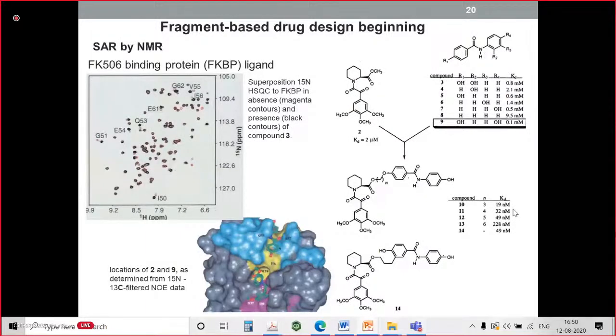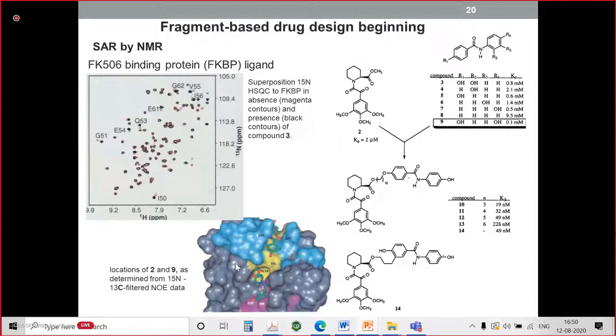So this is also identified with the help of the NOE experiment, nuclear Overhauser effect, which is an intermolecular interaction in 3D.